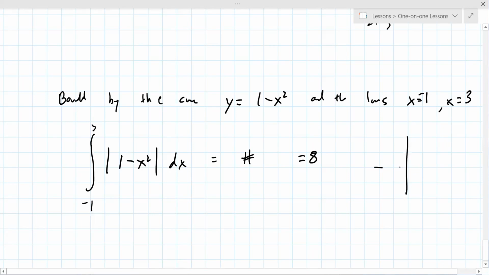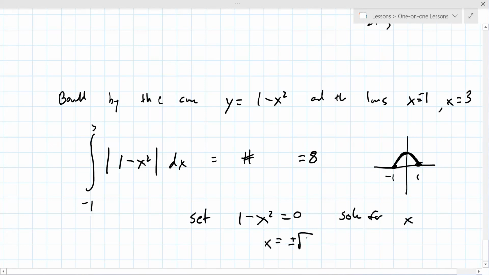Okay. So now what does 1 minus x squared look like? Well, it's this upside down parabola, and it hits the axis here and here. Now you might be able to see that it's just minus 1 and 1, but you could set 1 minus x squared equal to 0 and then solve for x, and you would get x equals plus or minus the square root of 1, which is plus or minus 1.